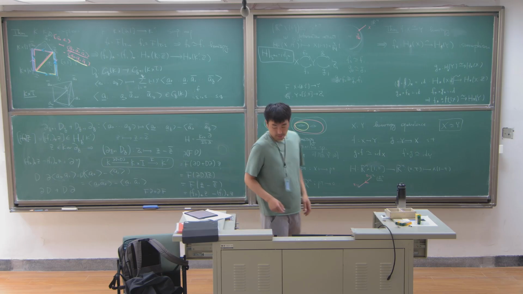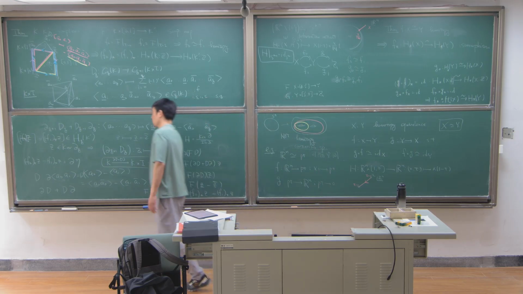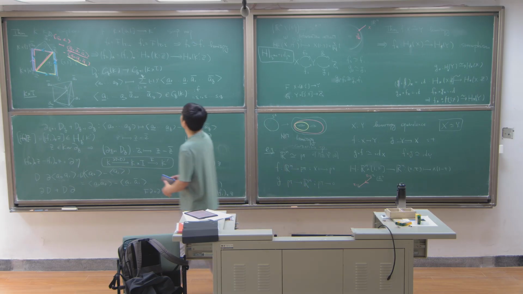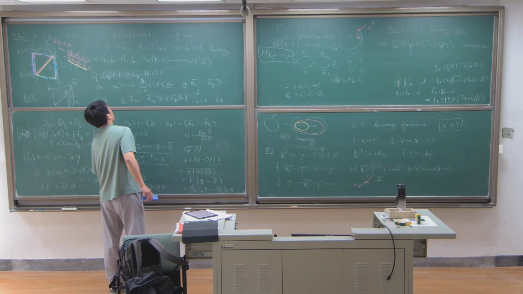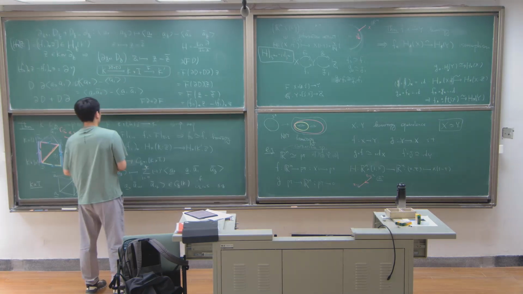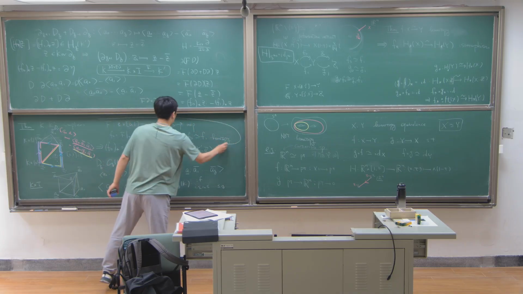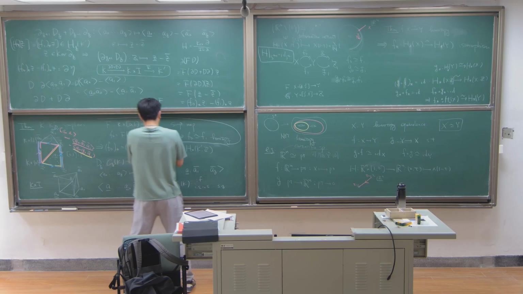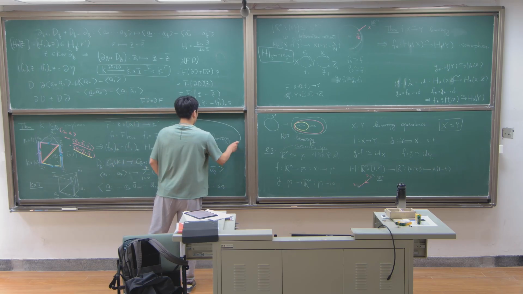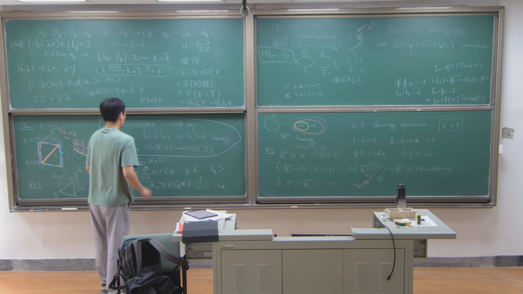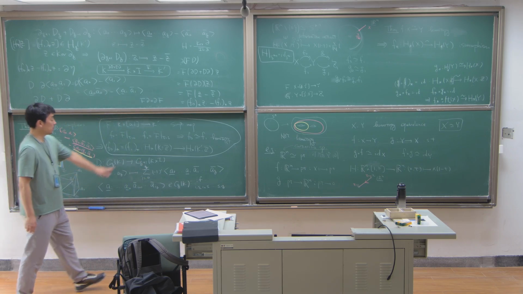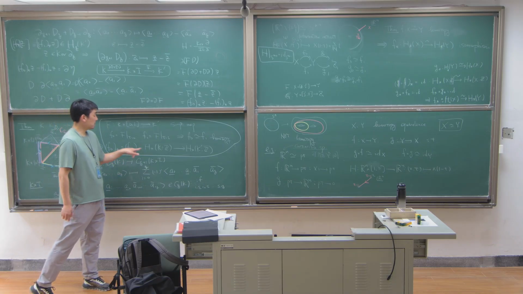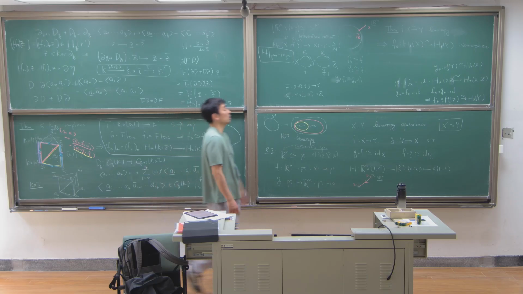Okay, so what does it mean? As I mentioned, this is a proof of the statement: if there's a homotopy equivalence of the map, we induce a homomorphism between the two homology groups.